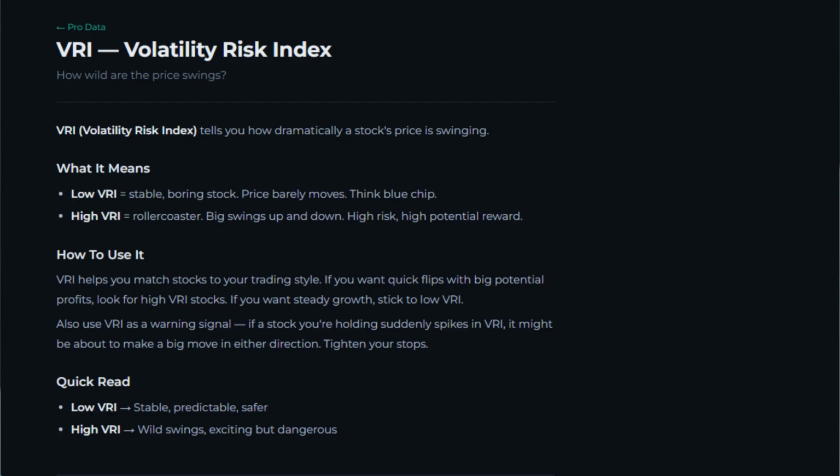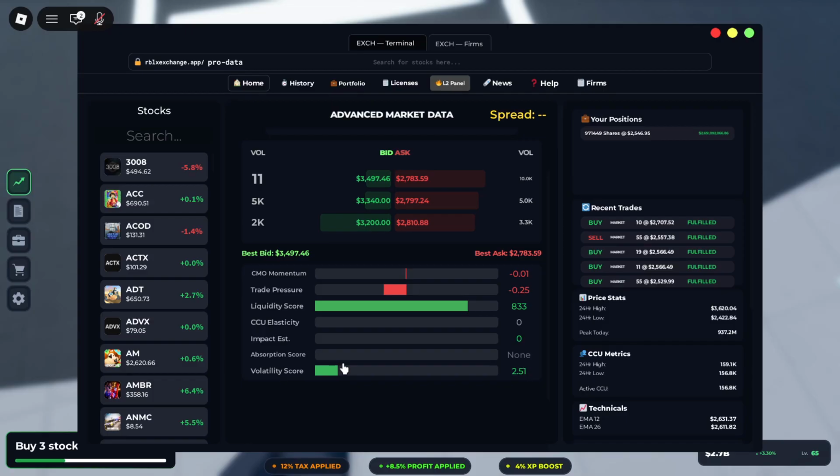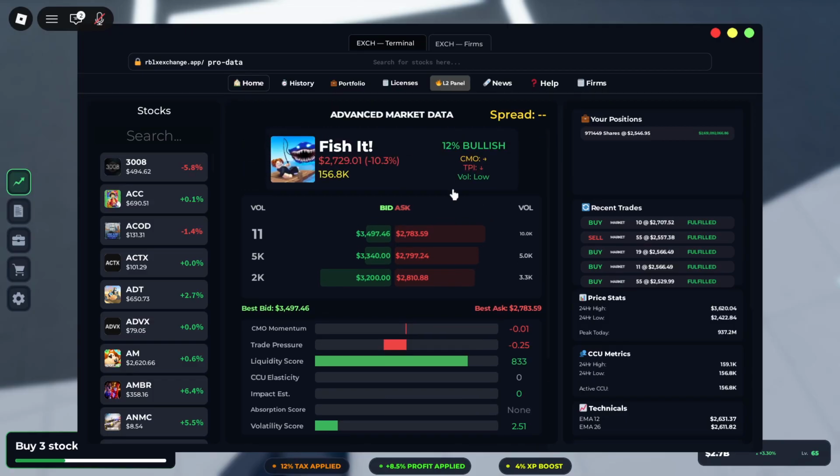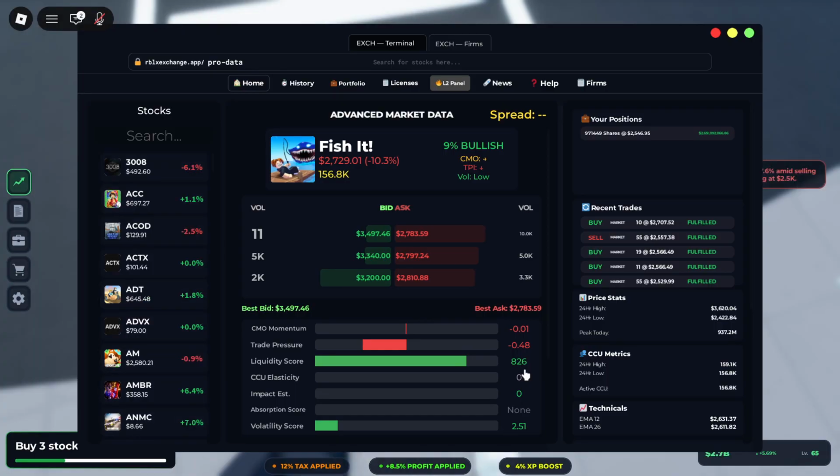Now, the validity score, as I would have mentioned, we would have done something a little similar in a bit, but basically this is how wild the price swings are, right? So basically this tells you how dramatically a stock price is swinging.